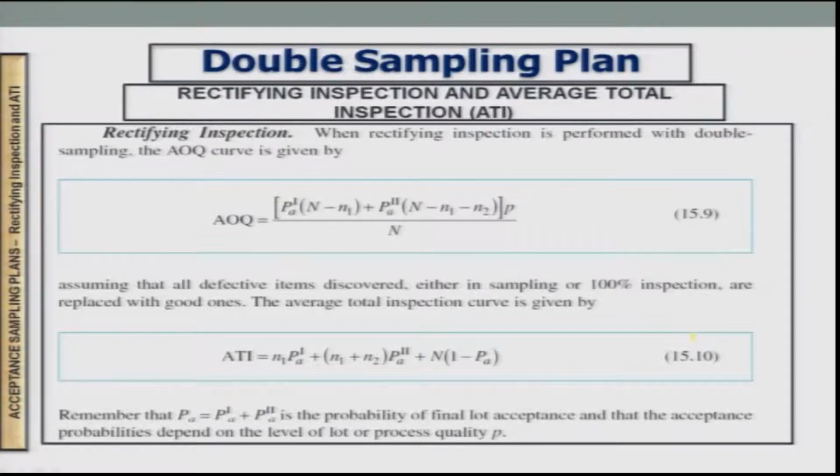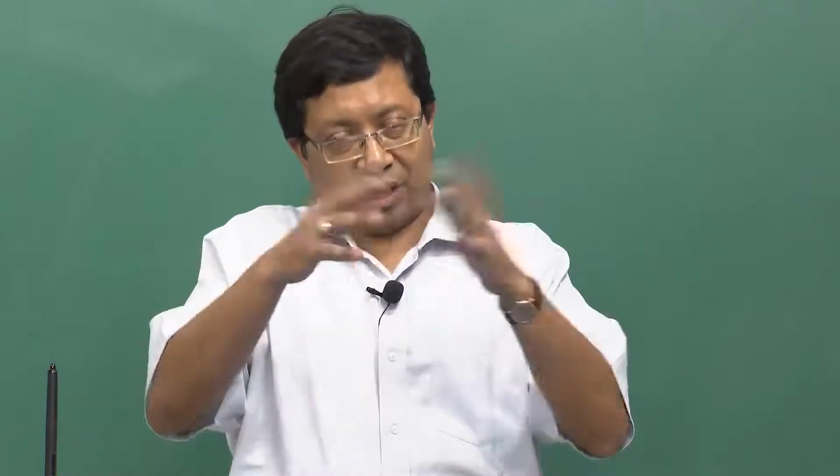If there are more than 2 stages, 1, 2, 3, the suffix would obviously change accordingly. Here N1 and N2 are the total sample observations you take in the first lot and the second lot, and capital N is the total size of the population from which you are picking up the lots.